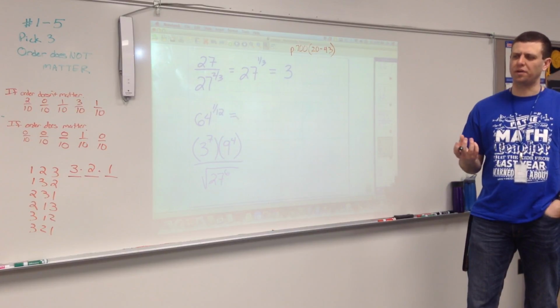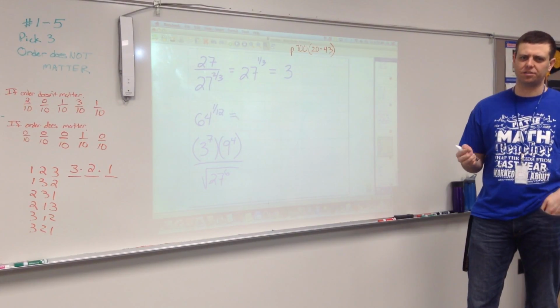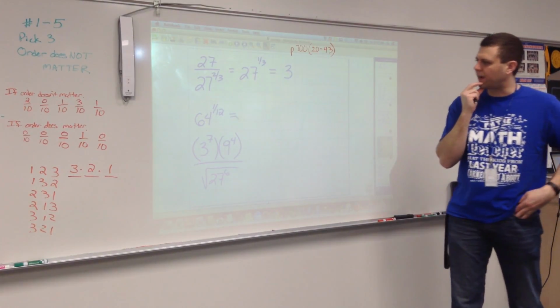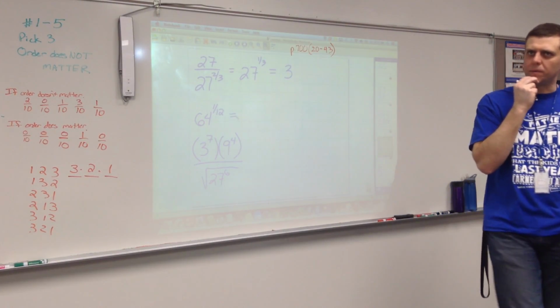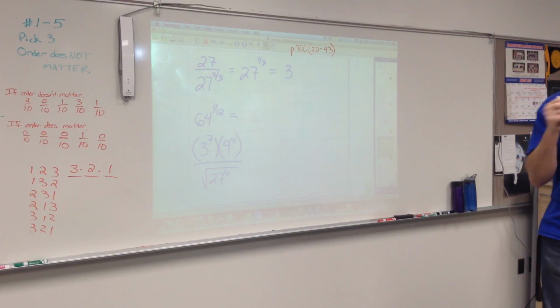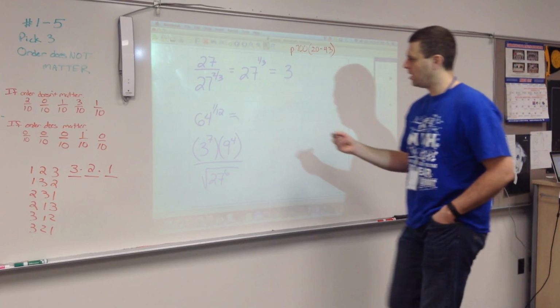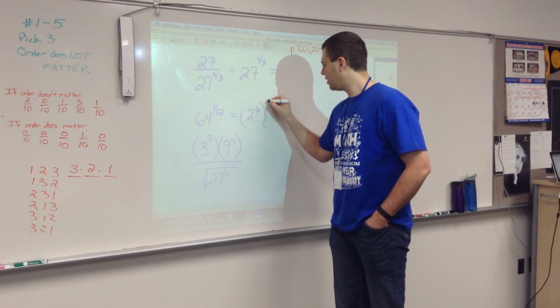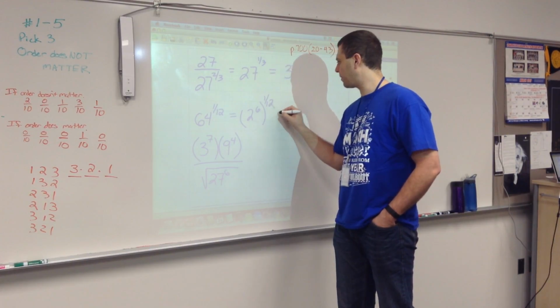I'm going to break 64 down basically into its prime factors. So if I break 64 all the way down into its prime factors, it would be actually 6 2's. 2 times 2 times, there'd be 6 of them. So really what I have here is 2 to the 6th power raised to the 1/12 power.